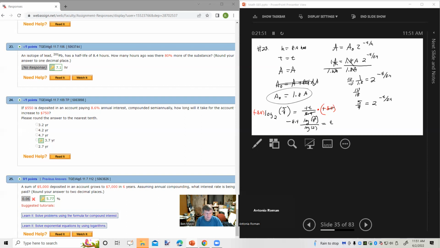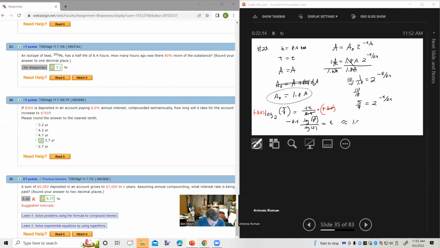Still with me? Yes. Calculator time. Negative 8.4 log of 5 divided by 9, close it up, divided by log of 12, close it up.